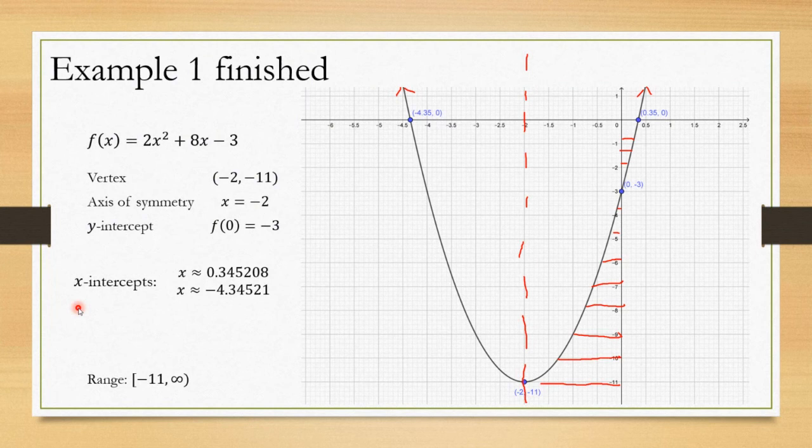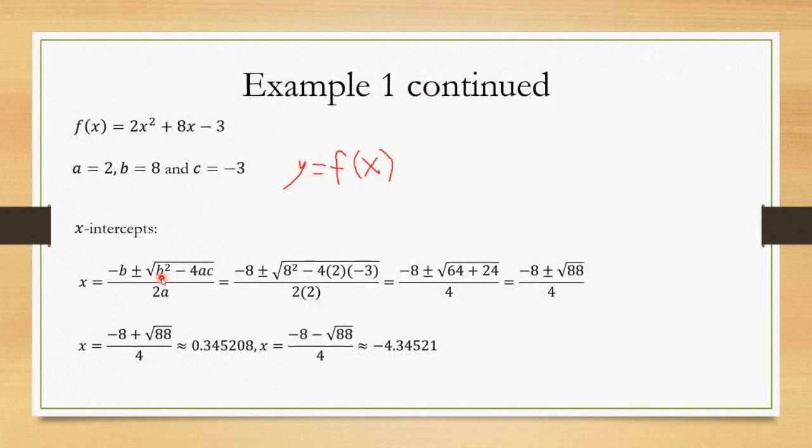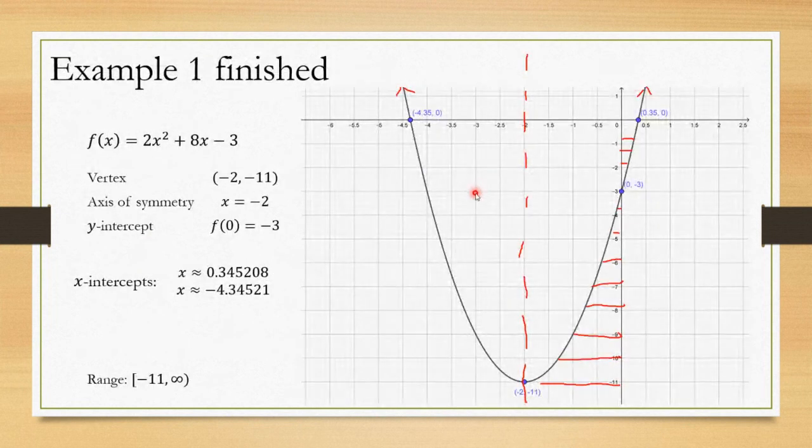Also note that if in the quadratic formula we got the square root of a negative, if you can imagine getting the square root of minus 88 instead of 88, that would tell us the x-intercepts are not real numbers. In that case, the graph would not intersect the x-axis at all. That's just something I wanted to point out.